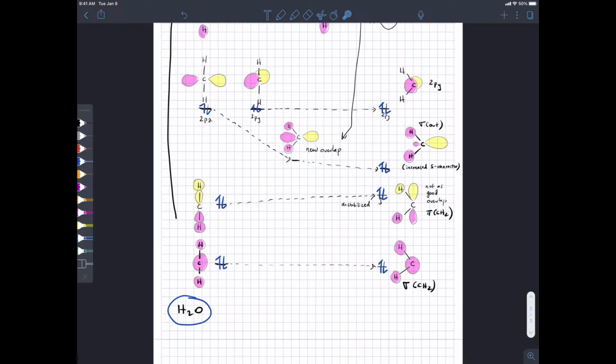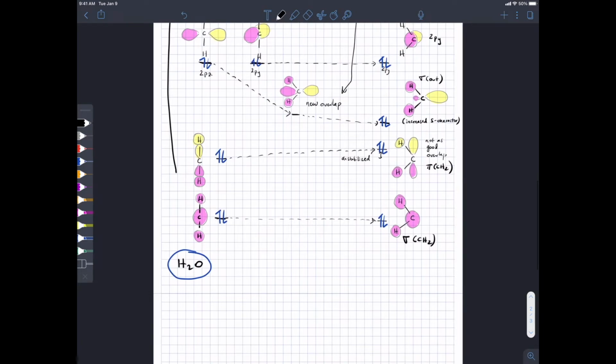Now this notion of your 2 highest energy electrons being in different types of orbitals contrasts with the valence bond theory picture of water. You've got 4 groups around the oxygen, so we'd call that water sp3 hybridized, and we would say 2 equivalent lone pairs, probably in sp3 kind of orbitals.